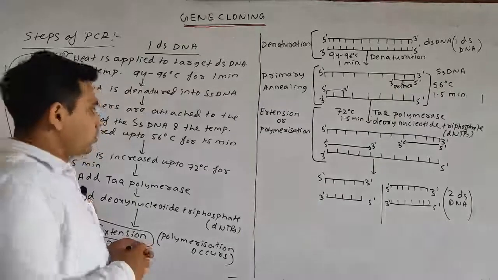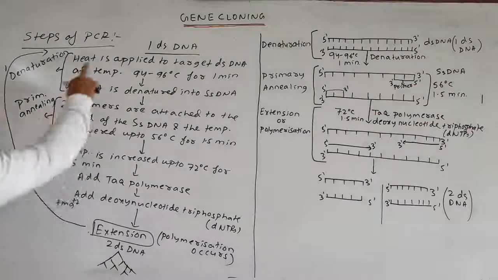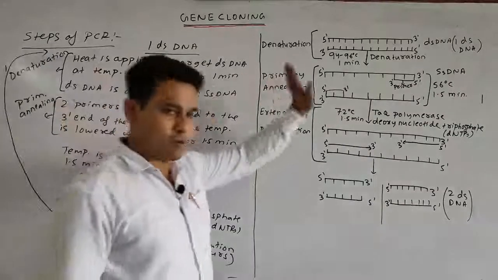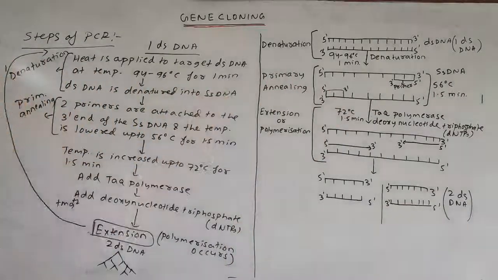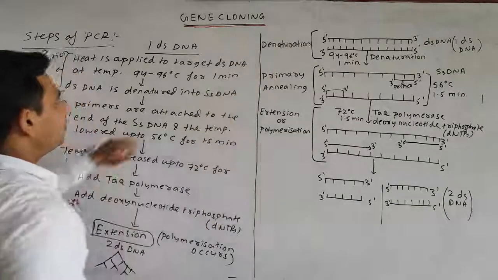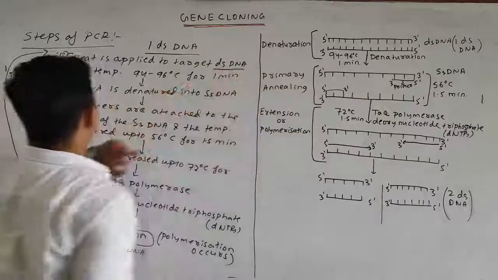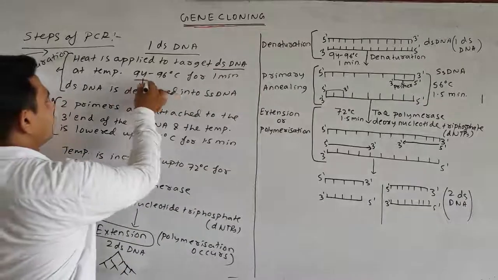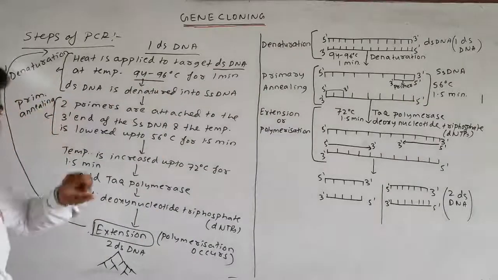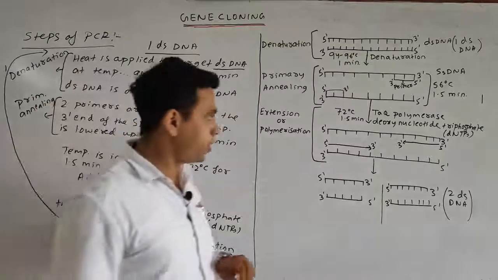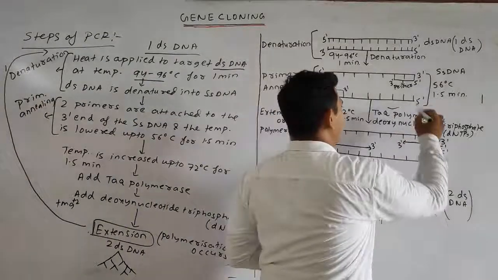So what happened? Firstly, heat is applied to the target DNA. I will go to another time diagram, don't worry. Heat is applied to the target DNA, which is double stranded, at around 94 to 96 degrees centigrade, a high temperature. One point you should remember: why Taq polymerase enzyme?